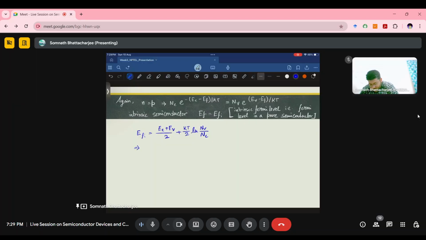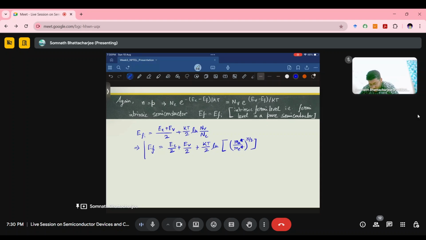Based on this, we can also write that EFI equals EC by 2 plus EV by 2 plus KT by 2 ln of MH star divided by ME star, the effective mass of hole divided by the effective mass of electron, whole to the power 3 by 2.